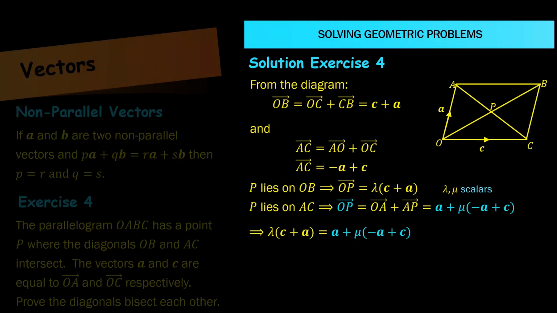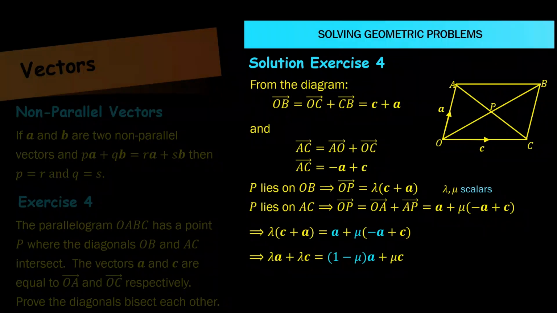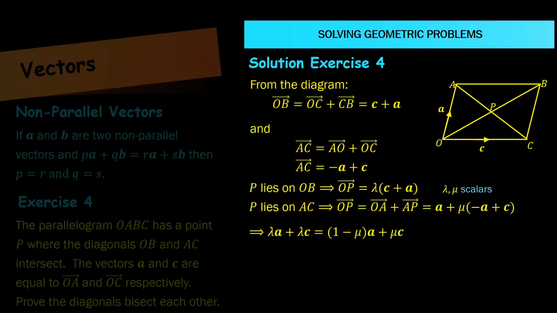And so rearranging gives lambda a plus lambda c equals 1 minus mu times a plus mu times c. And since a and c are not parallel, we can conclude that lambda equals 1 minus mu and lambda equals mu.